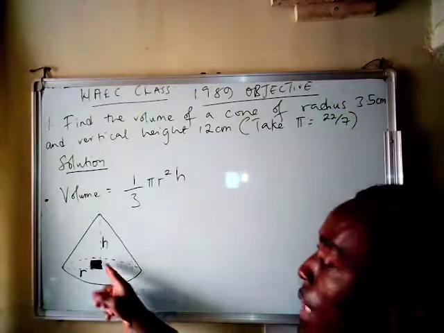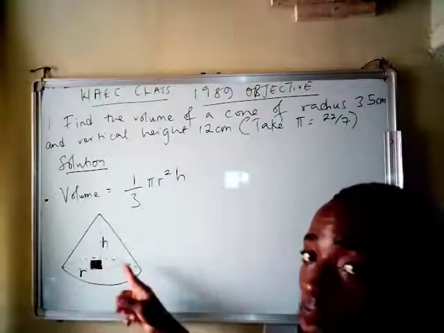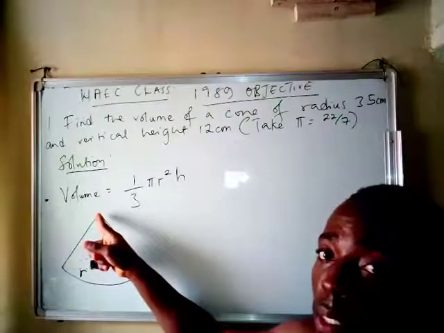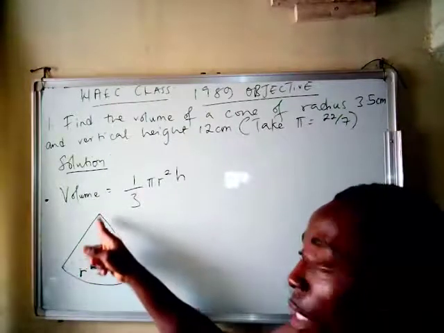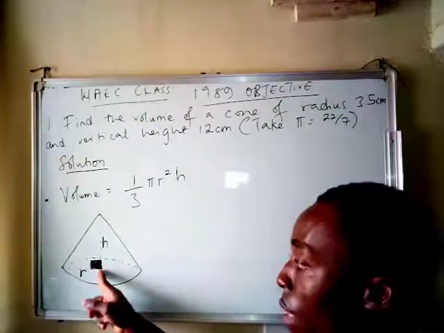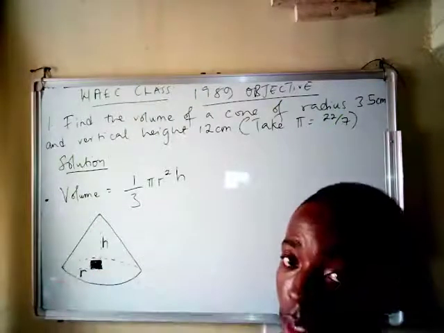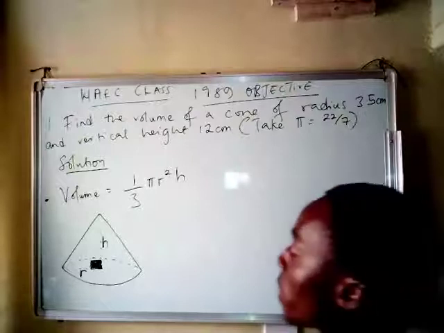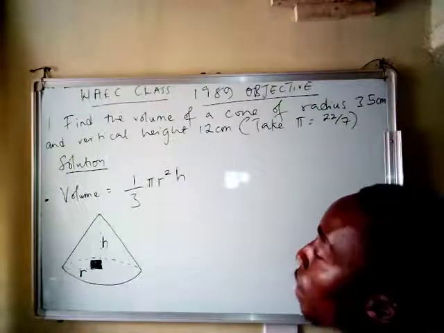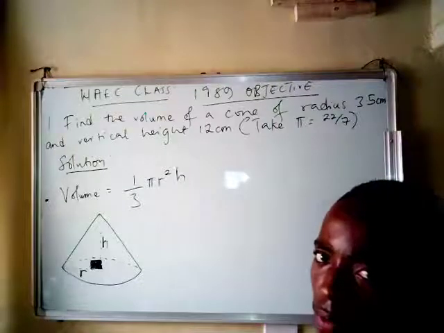Also notice that there's a perpendicular line drawn from the point here, that apex, or the vertex, down to the center of the circular base, which forms 90 degrees to the base. So with the question we have, can you identify the parameters involved?